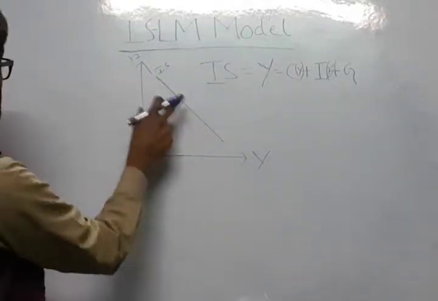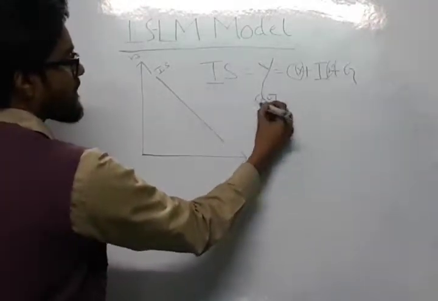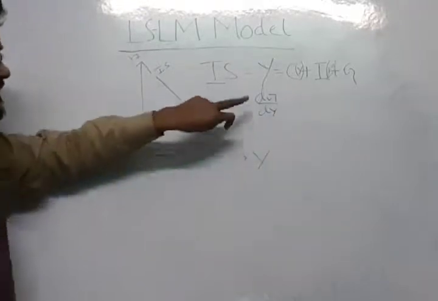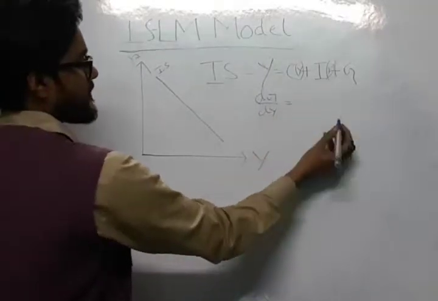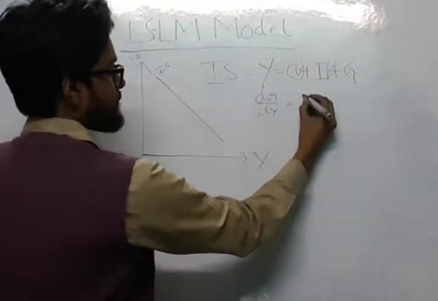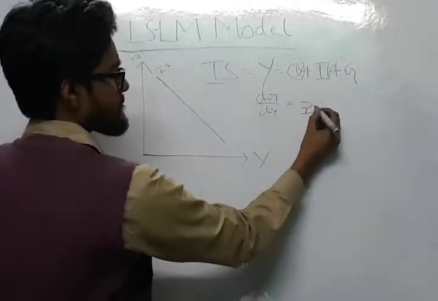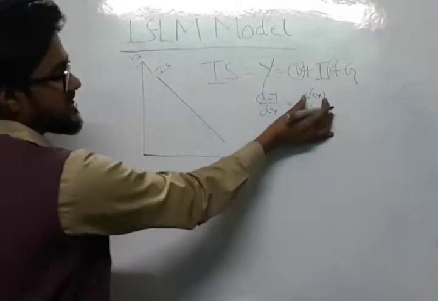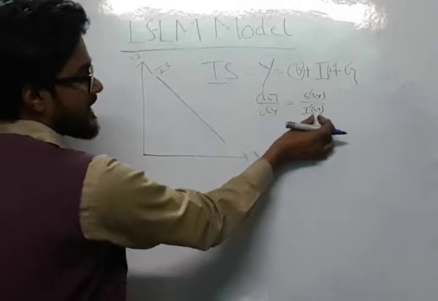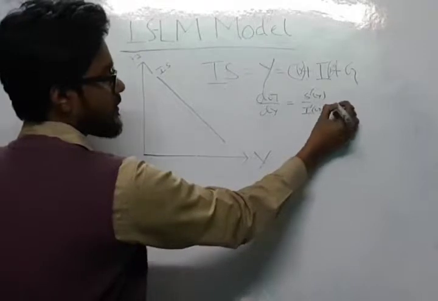Now the IS equation eventually states the negative relationship between R and Y. We can write down the slope of the IS curve as dR by dY, that is the change in R by change in Y, equals S dash Y, which is the change in saving due to change in income, over I dash R, which is the change in investment due to change in interest rate, which is negative.